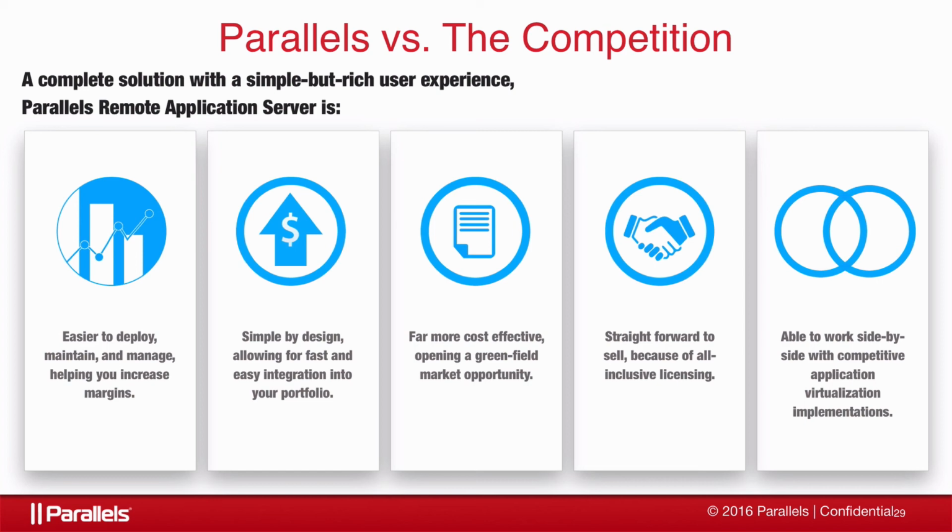Because of our pricing, we're much more cost effective. We can reduce Citrix deployment TCO by 60%. And because we have a single pricing model with just two options, SPLA or subscription, it's simple. You don't have to use different tiers to get all of the functionalities.